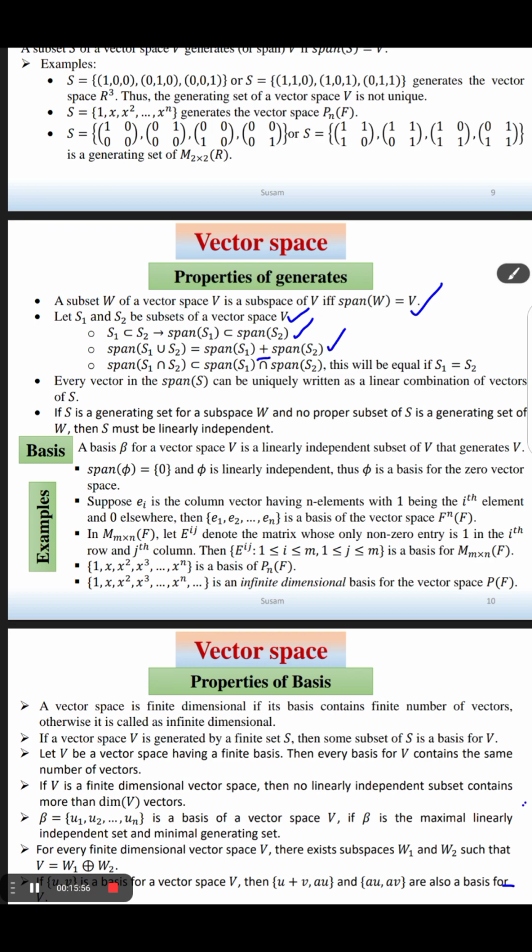This is equal in the case of a finite union. But span of S1 intersection S2 is a subset of span S1 intersection span S2. When they are equal, that is, when the span of the intersection of the two equals span of S1 intersection span of S2, if they satisfy this condition, and that is very trivial. Okay, sorry.